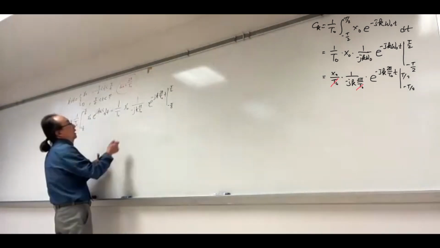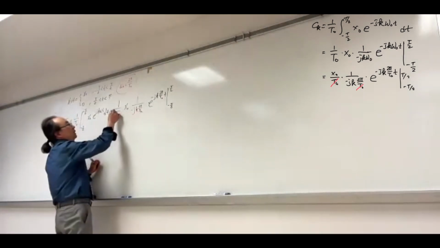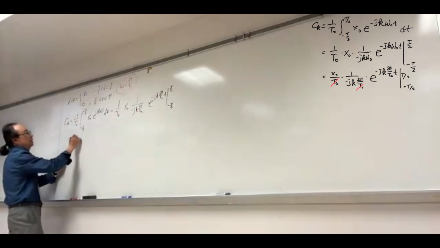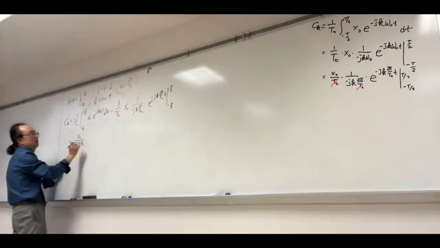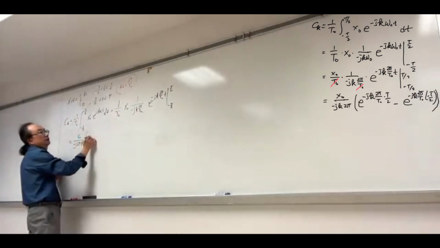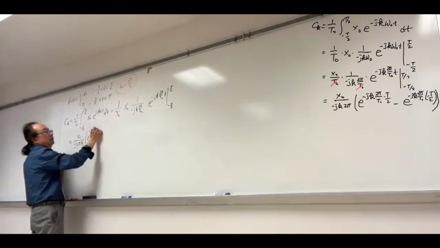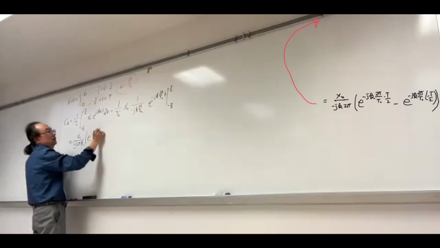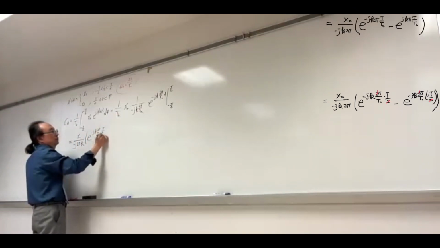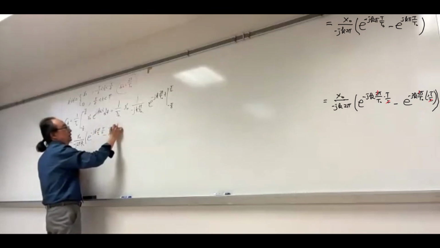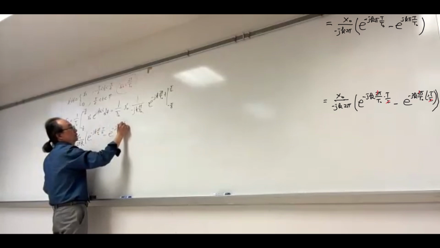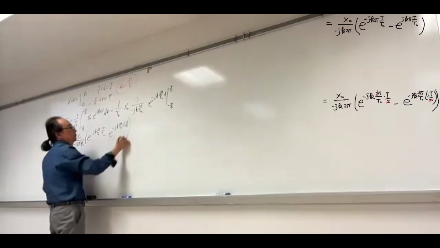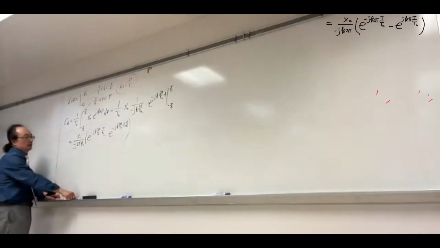Okay, we can cancel T naught and T naught, with x naught as a numerator over negative j 2 pi k, and then we have e to the negative jk 2 pi over T naught times T over 2, minus e to the negative jk 2 pi over T naught times negative T over 2. Then 2 and 2 can cancel.